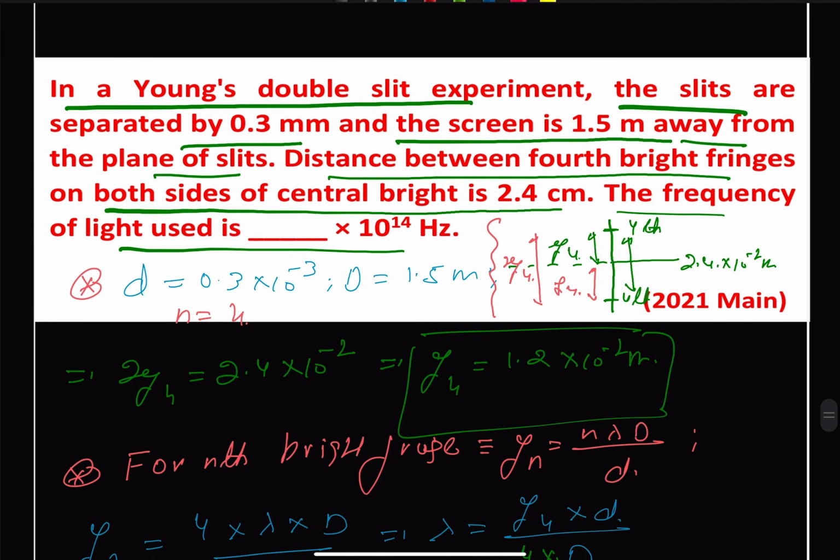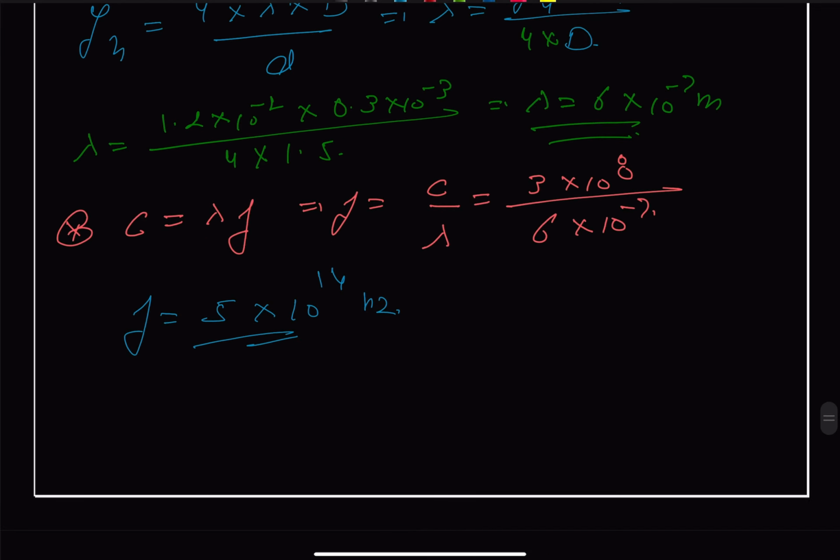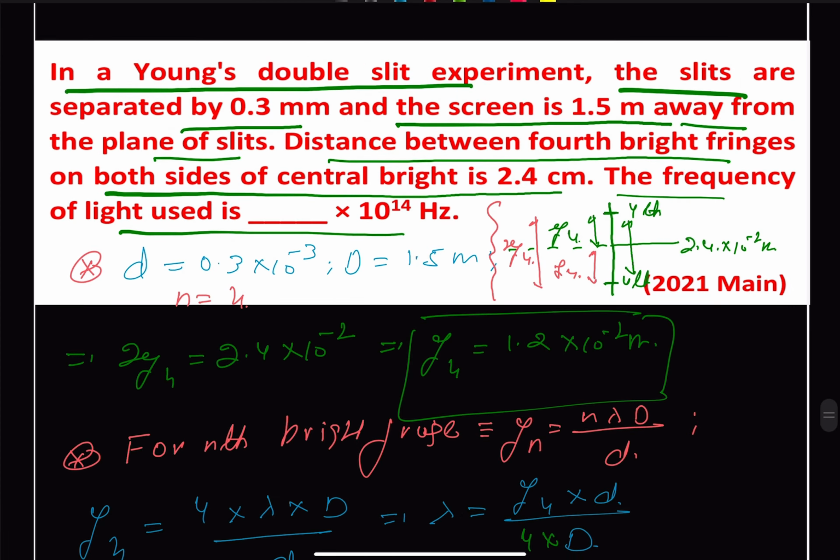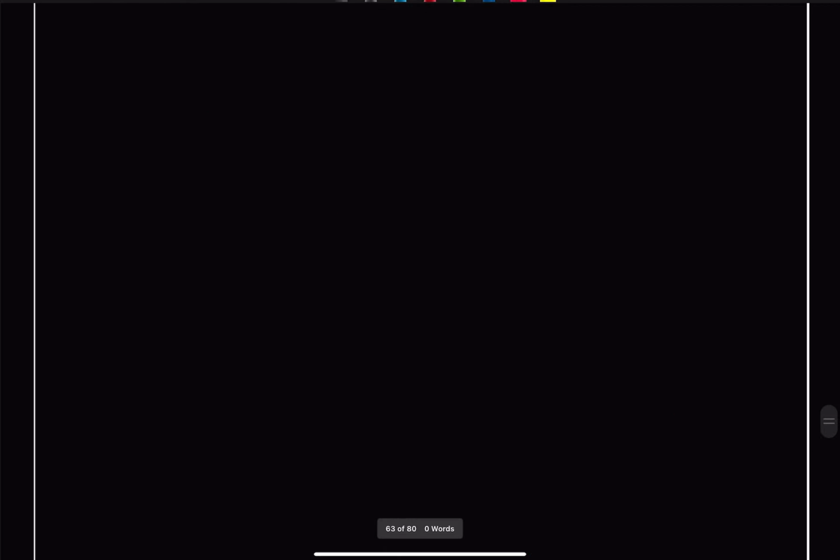And we are given x into 10 to the power 14, so x times 10 to the power 14 gives us that the value of x is equal to 5. Next question.